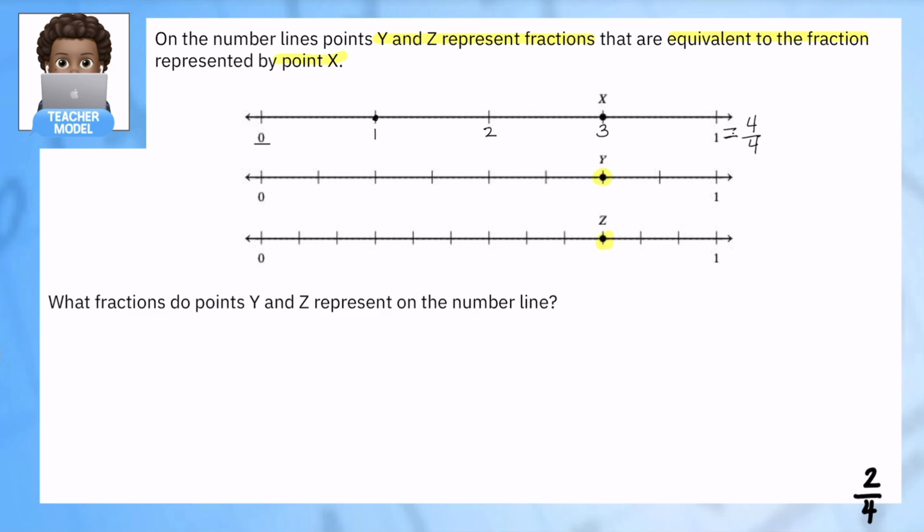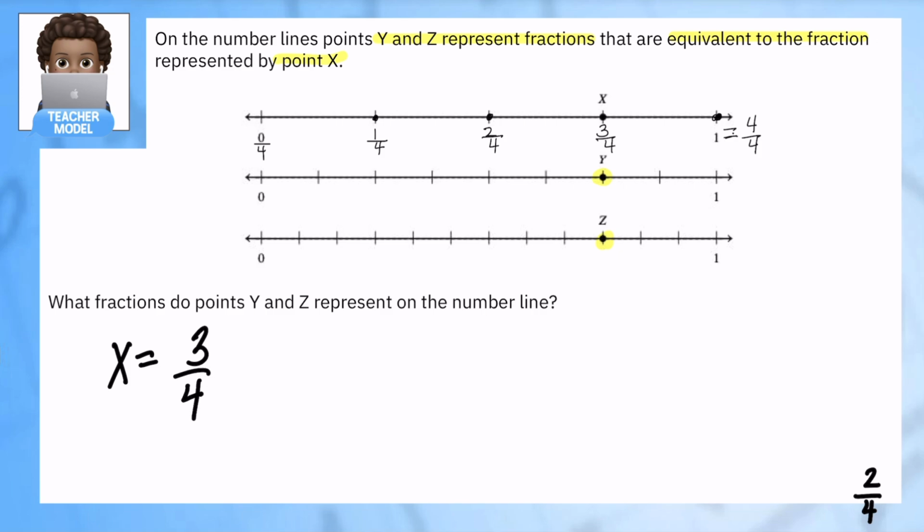That's important. So I know my first one is broken up into 4 pieces. 1, 2, 3, 4. And now because I know my denominator, I can go back and put 4 as my denominator. So I know my x is equal to 3/4.